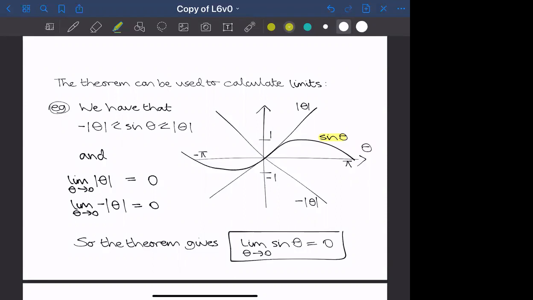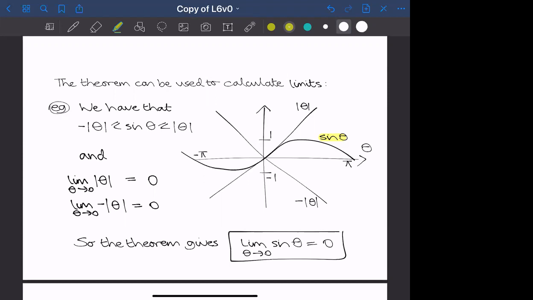That's vague, but we'll explain that precisely this lesson. But just by that vague explanation, if theta gets closer and closer to 0, you can see from the graph that sine theta gets closer and closer to 0. So you expect that the limit of sine theta is 0 as theta approaches 0. But how to prove it?